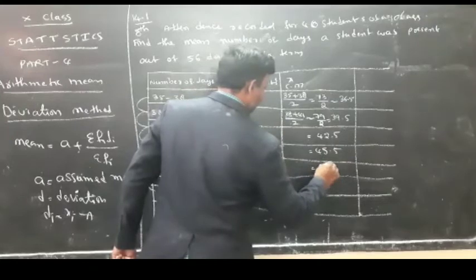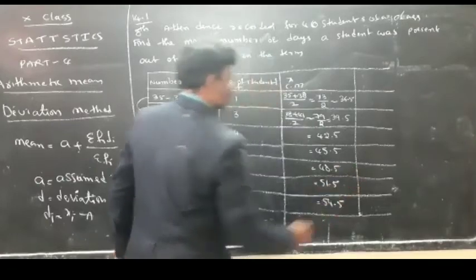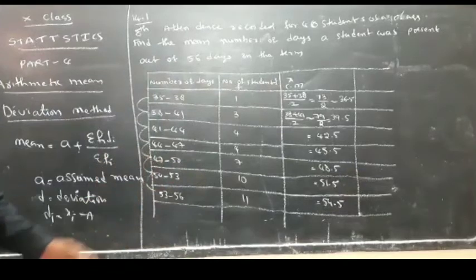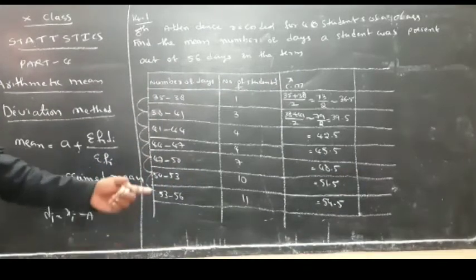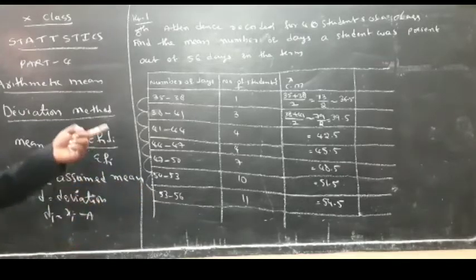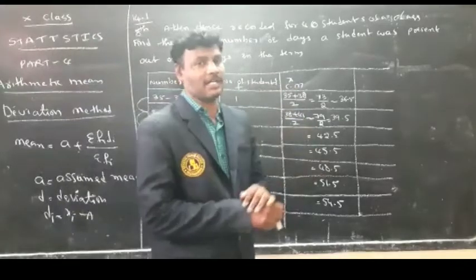Next, 48.5. Next, 51.5. Next, 54.5. So what are the class marks here? 36.5 and 39.5 and 42.5 and 45.5 and 48.5 and 51.5 and 54.5. So these are the class marks.